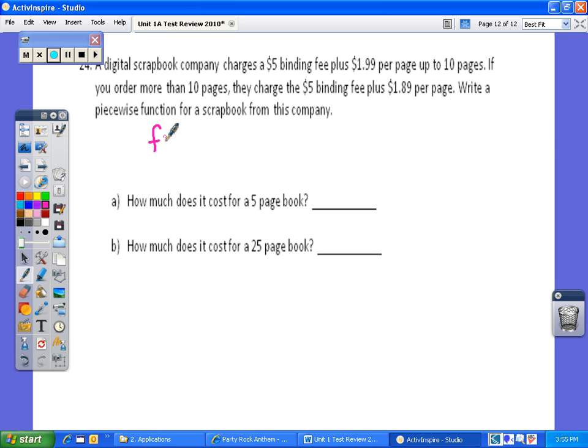So always start with your f of x. It's a $5 binding fee plus $1.99 per page. Once you see per, put the x. So it's 1.99x plus 5 for up to 10 pages. That means we include the 10, so it'll be less than or equal to 10.